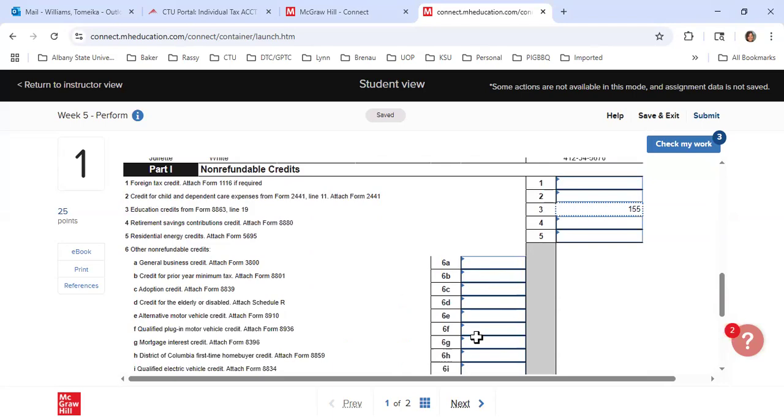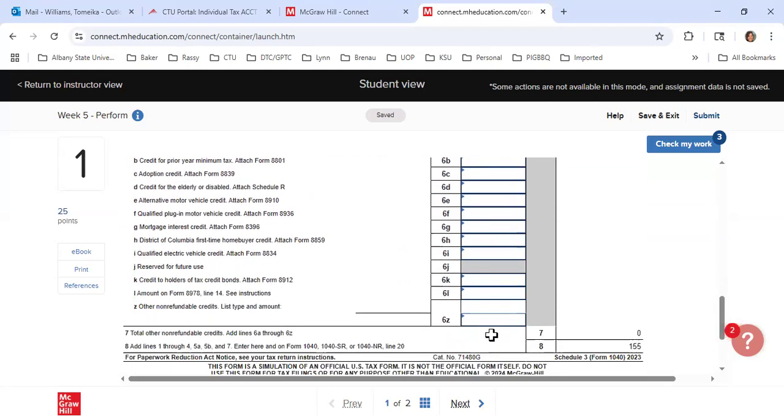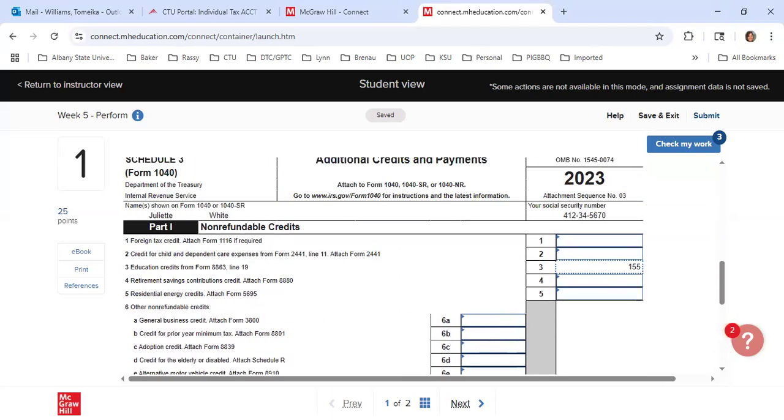Box 3, you should have 155, and it's going to automatically enter it down at the bottom on line 8. Confirm once you have this, and then we'll just go ahead and do the Schedule 8812.